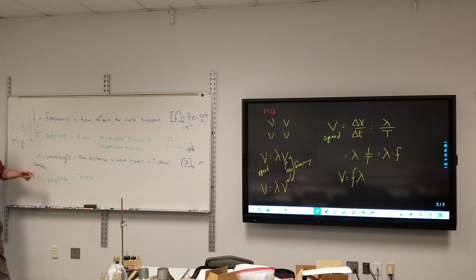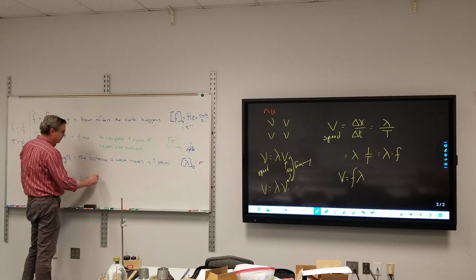But if I'm doing sound, then the amplitude is not really a distance, it is the difference between the maximum pressure and the average pressure, or maximum volume and average volume, depending on what I'm actually looking at.